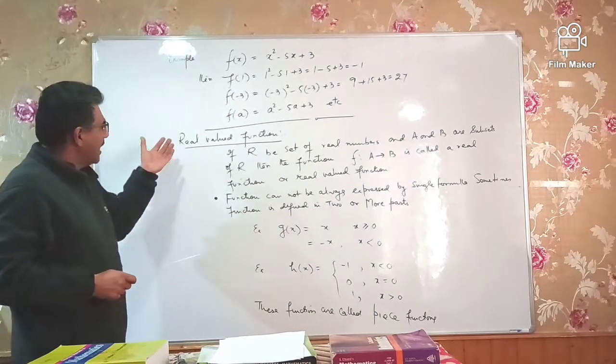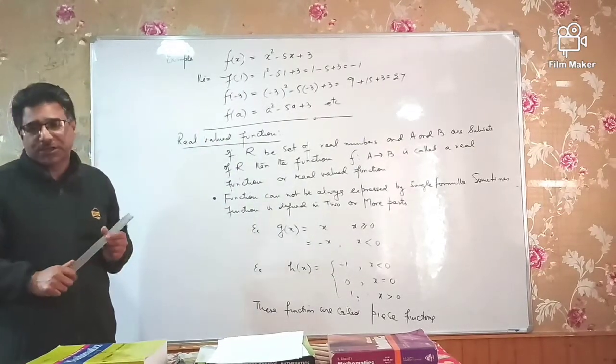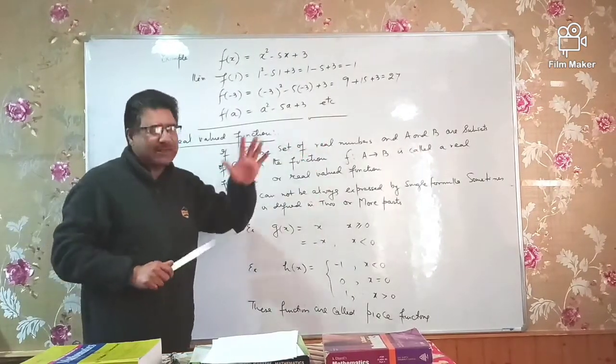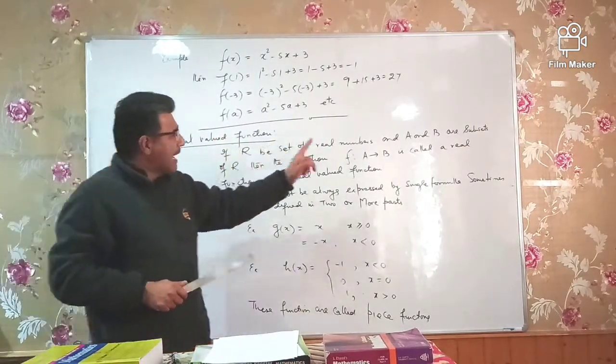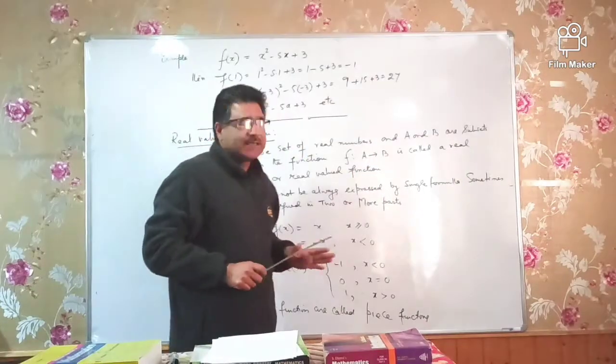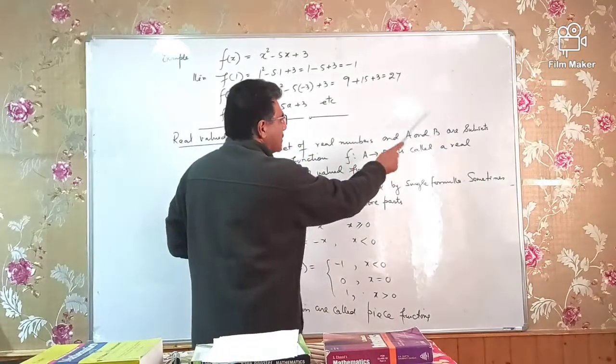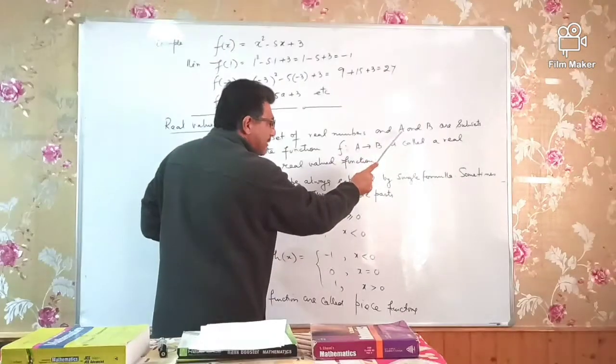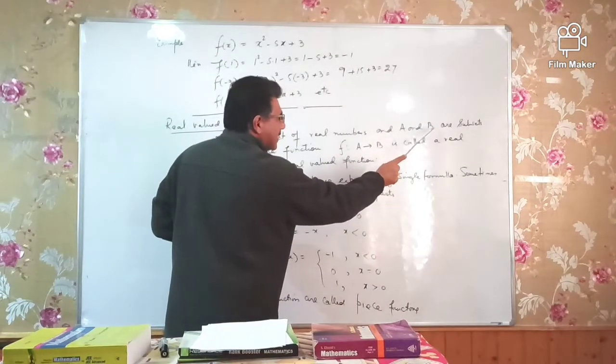Now I will define what is the real valued function. The real valued function is: if R is the set of real numbers, and A and B are two subsets of this set R. That means A के अंदर भी real numbers हैं, B के अंदर भी real numbers हैं, right?